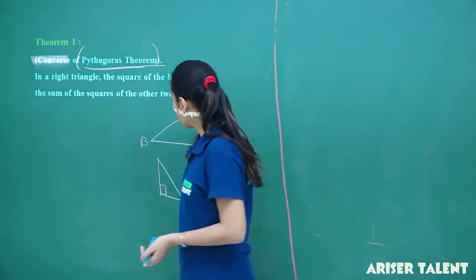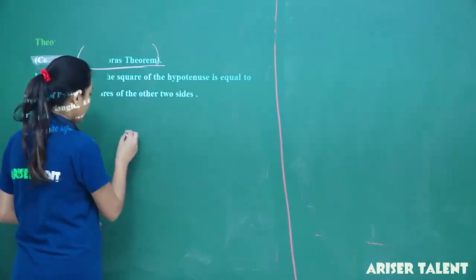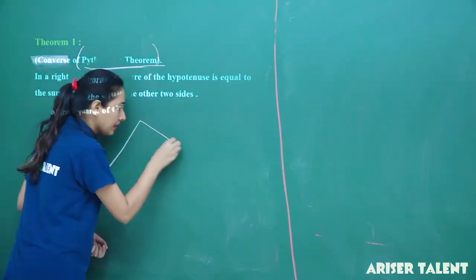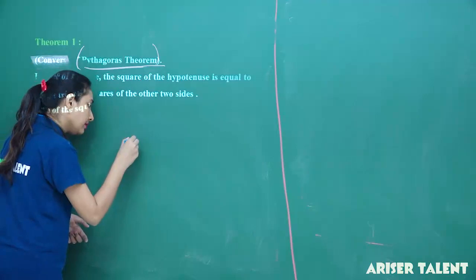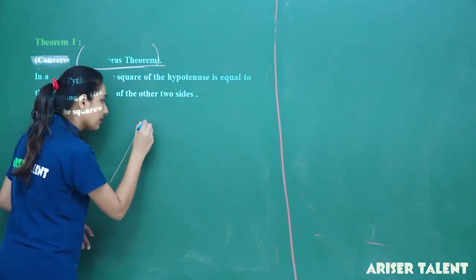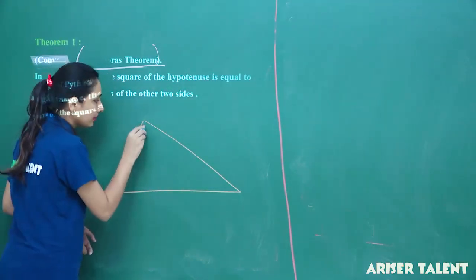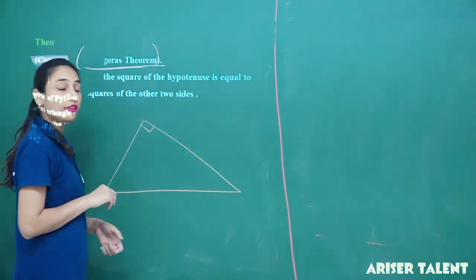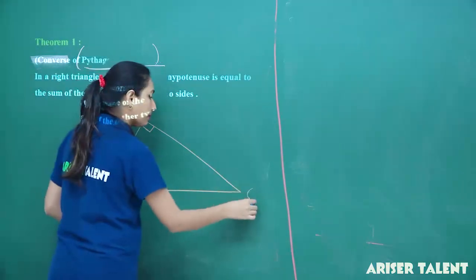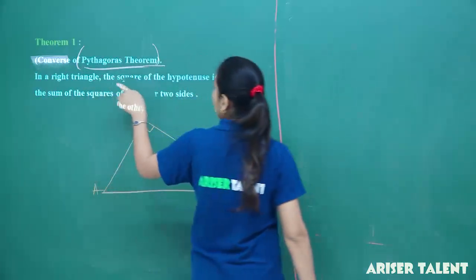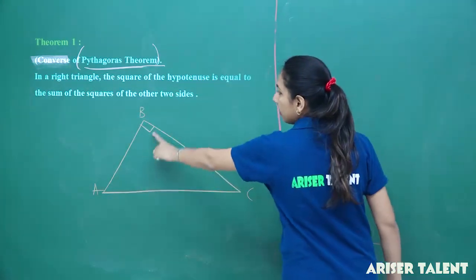So what it's saying is that if I am assuming this right angle triangle, this is my right angle triangle and this is B, this is A and C. Now it's saying that we have to prove that the hypotenuse is this AC, other than these 90 degree sides.